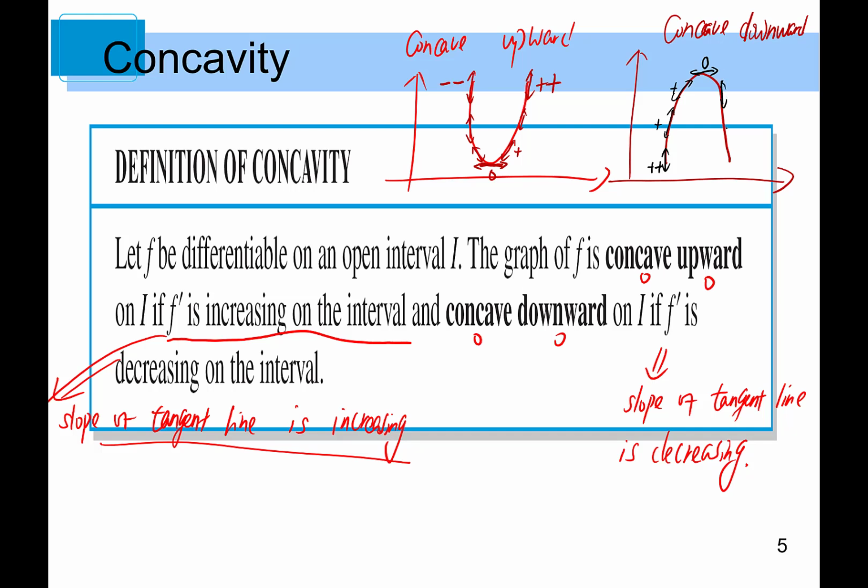Then it keeps getting smaller and smaller, to very negative. Start with a big positive number, to 0, until negative. So that's why the slope of the tangent line is decreasing here for the concave downward case.